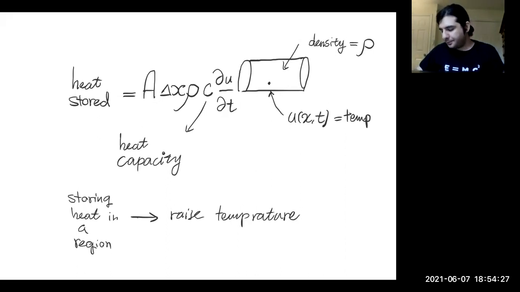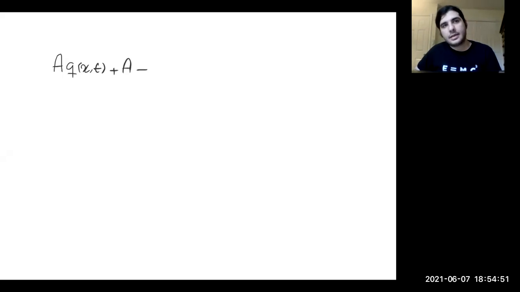But anyway, the equation would be, if I take the terms to the right and left, A times Q of x and T plus A delta X times G. This is the factor we call the generation rate.